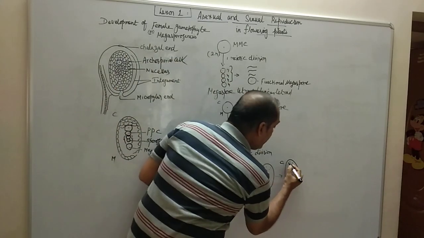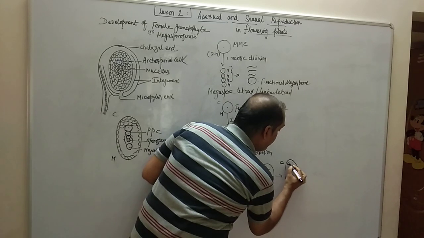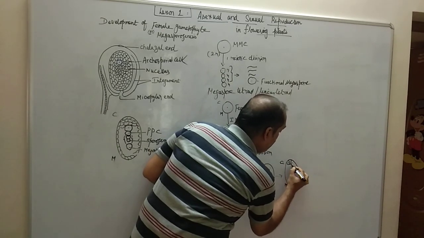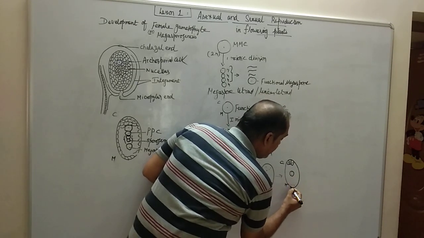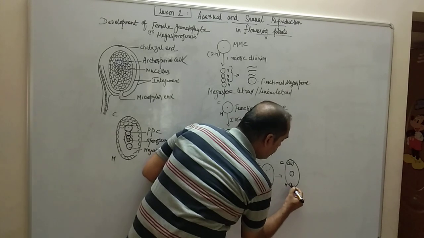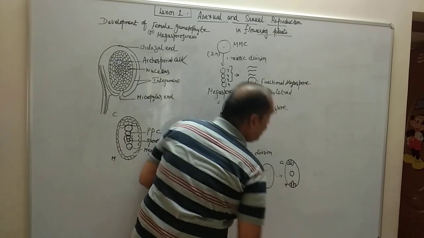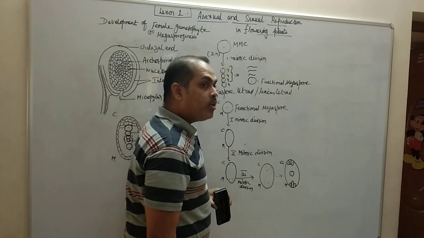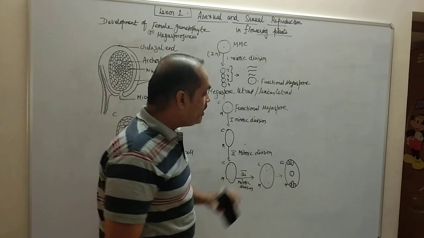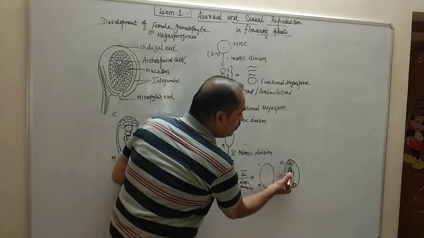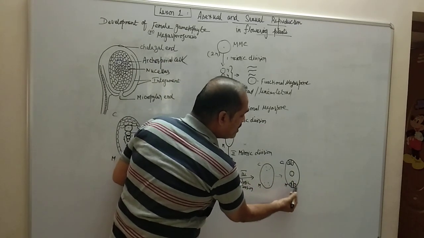Now, each nucleus will be surrounded by a wall layer. Now, in this chalazal end, each nucleus is surrounded by one wall, and in the middle also one wall will be formed, and towards the micropylar end, one wall and one more cell and one more. Now, if you count the number of cells and the number of nuclei, we will understand that there are 1, 2, 3, 4, 5, 6, 7.